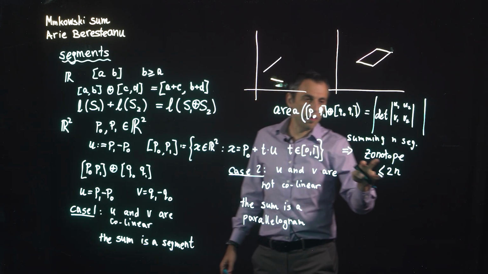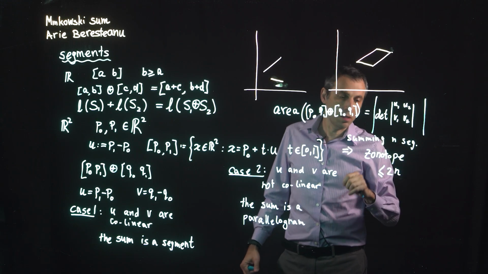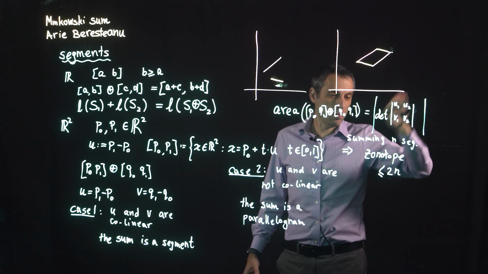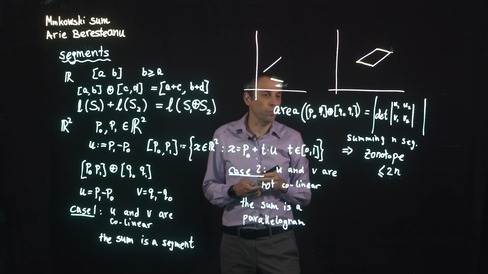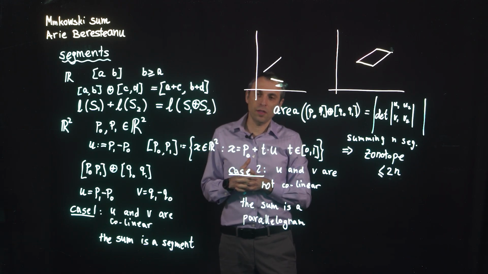The zonotope will have at most 2n vertices and 2n sides, and there will be pairs of parallel sides, the way we got it when summing 2. That's the summation of segments in R2.